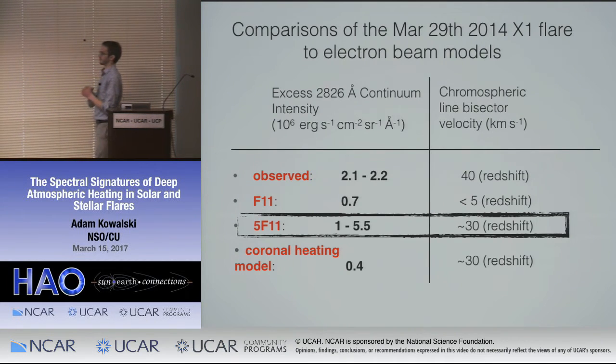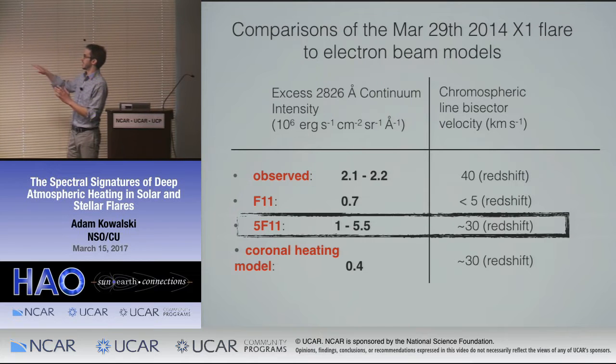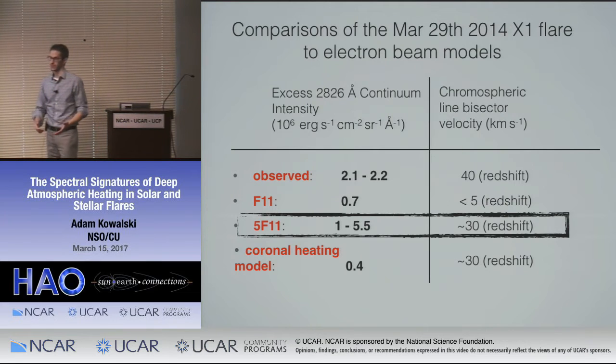And here are the results comparing to the observations. The observed NUV continuum intensity on the left has a value of about 2-ish, and that's pretty bright. It also had redshifted chromospheric lines, which equate to a velocity of about 40 kilometers a second.